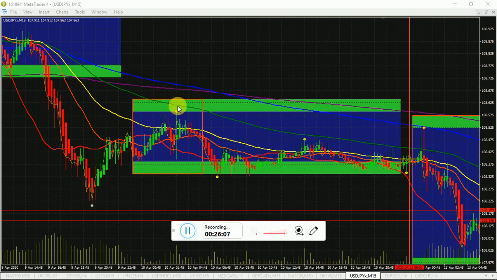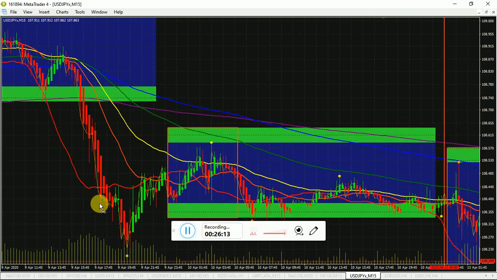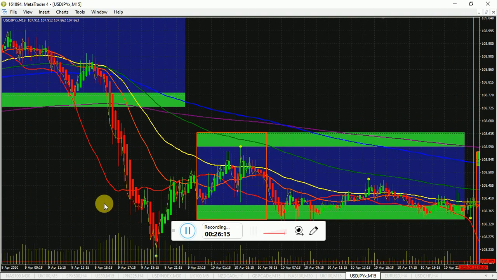If you can't get these indicators, then I can come and install them for you, and then you can start trading. You can start exploiting the market and doing exactly what I've just showed you.